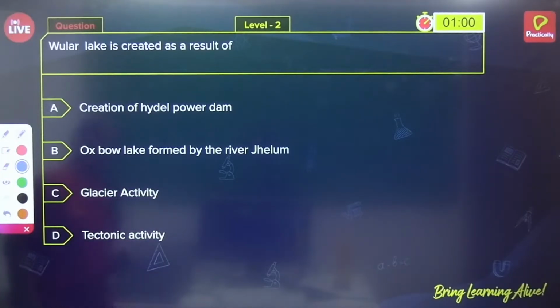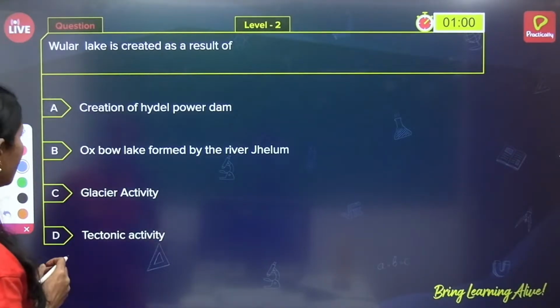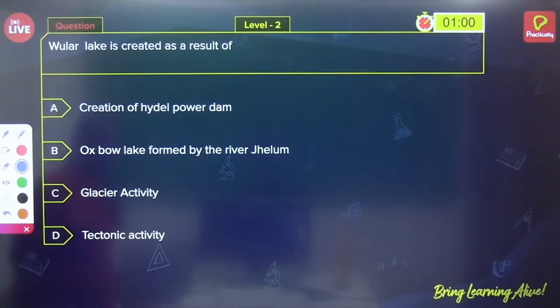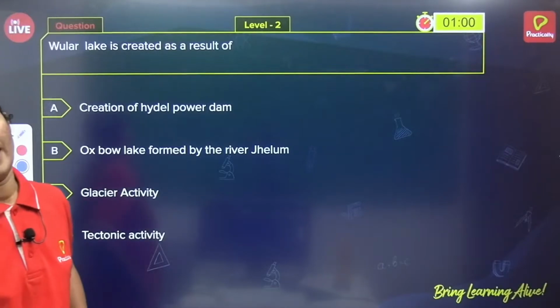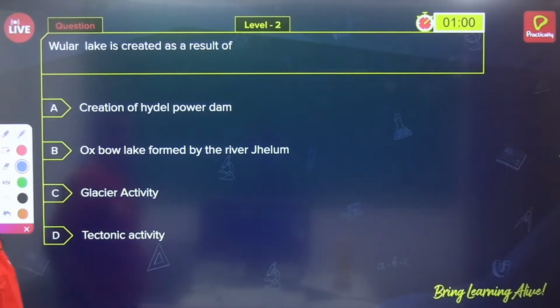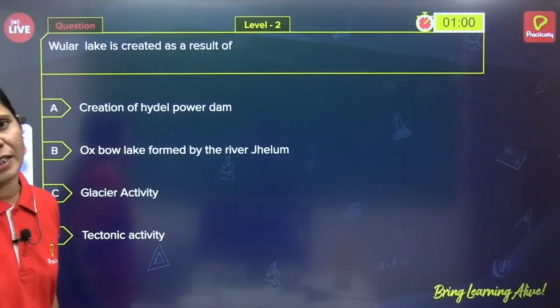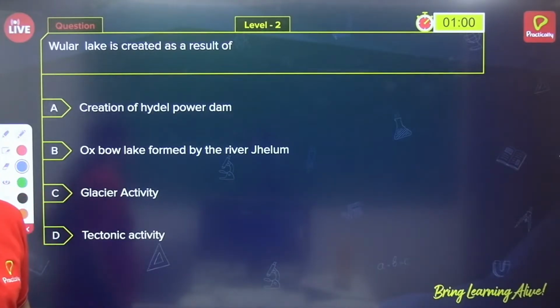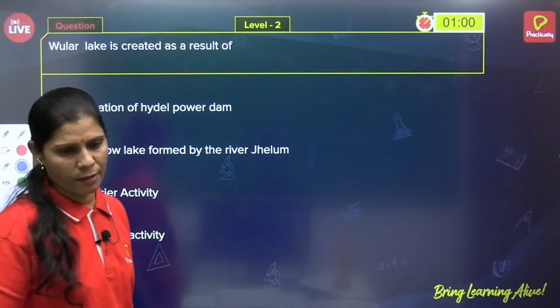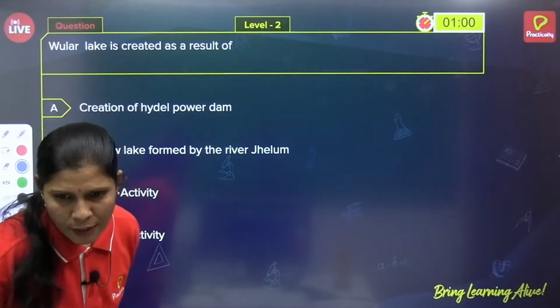Is it a creation of a hydel power dam, or an oxbow lake formed by the river Jhelum, or is it glacier activity or tectonic activity? Can you answer this question? Due to which process has the Wular Lake been formed? It's a very important question. Can I have an answer from you all?